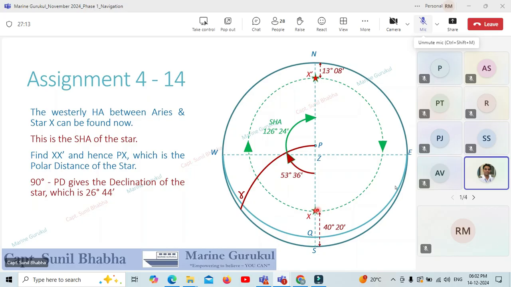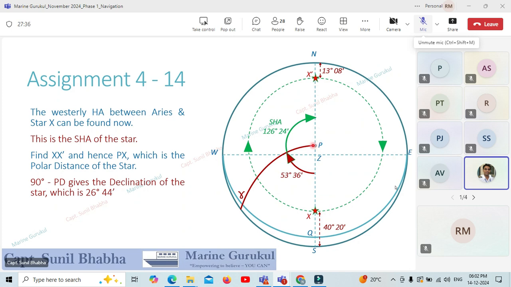Now if I divide the diameter by 2, I get the radius of this particular circle. The radius of this circle is px dash. Now this radius of the circle which I am getting is basically the polar distance of the star.